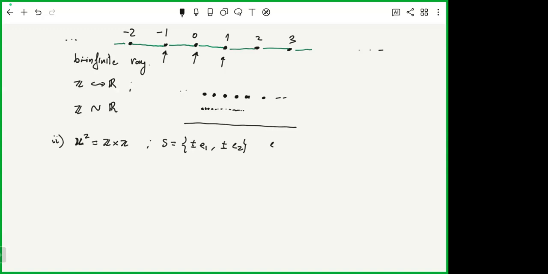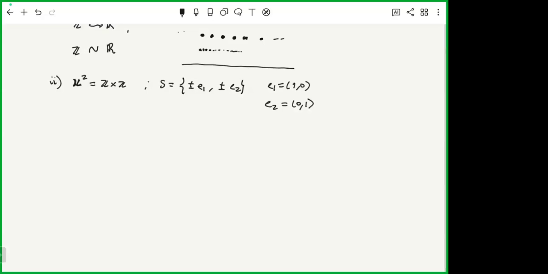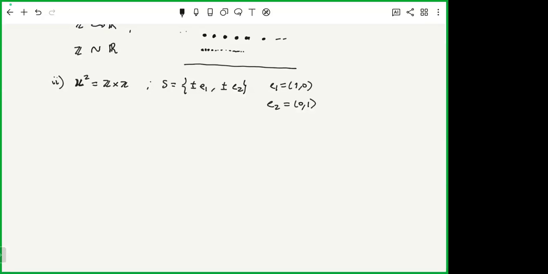So here E1 is (1, 0), E2 is (0, 1). Again, the elements of the Cayley graph are the points of the group. So let's say this is (0, 0), (1, 0), (2, 0), and so on.